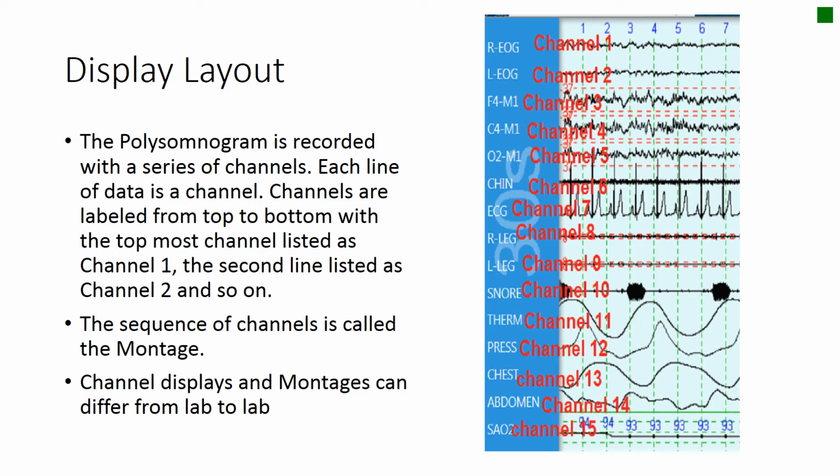This sequence of channels is called a montage, and in another chapter we're going to talk about the filters of the montage settings, but this is just our channel display. And the order of these, as I mentioned before, can differ from lab to lab.